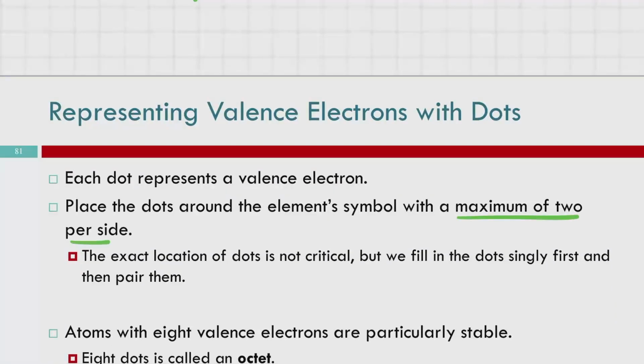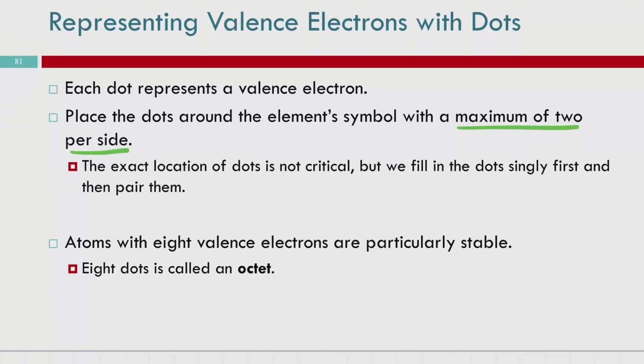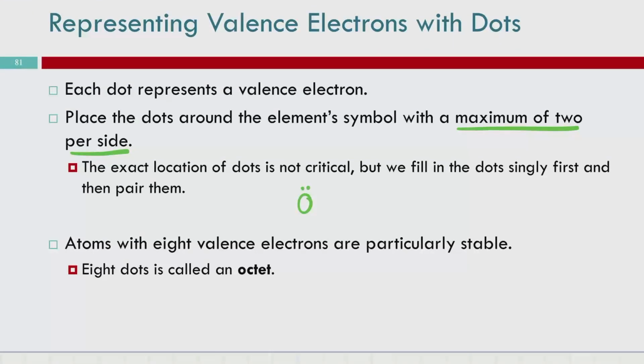We put a maximum of 2 per side. It's not really critical where we put them in. You can fill them in singly first if you're just going to count them out. Just pick a spot to start going. 1, 2, 3, 4, however you want to do it. 1, 2, 3, 4, 5, 6.